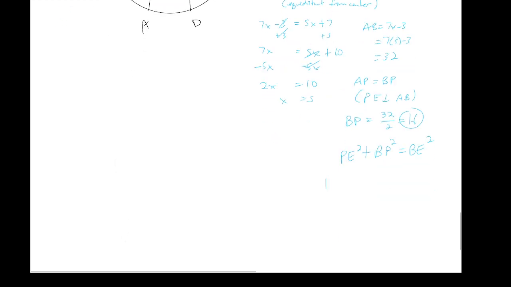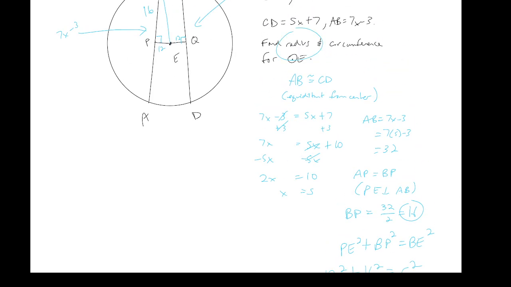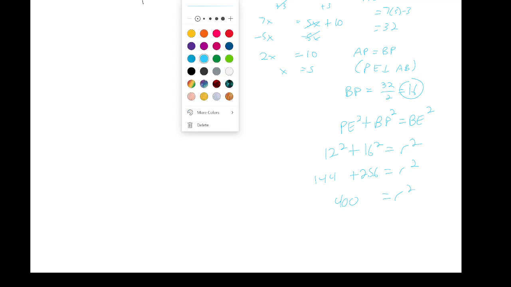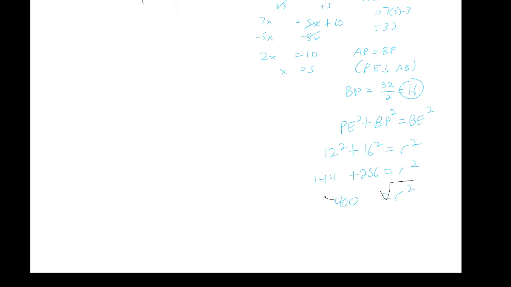That's 12, so we'll know that 12 squared plus 16 squared is equal to BE, which is that radius, the thing up here that we're trying to solve for, squared, okay? 12 squared is 144, plus 16 squared is 256. That's r squared. 144 plus 256 is 400. So we solve for r, right? We're going to take a square root of both sides. So 20 will be your radius.